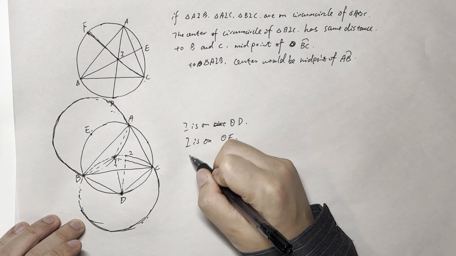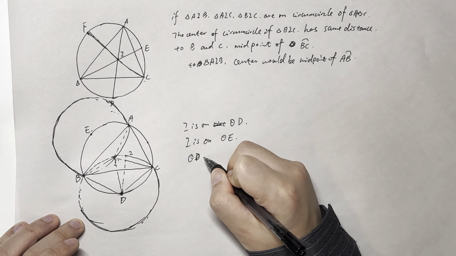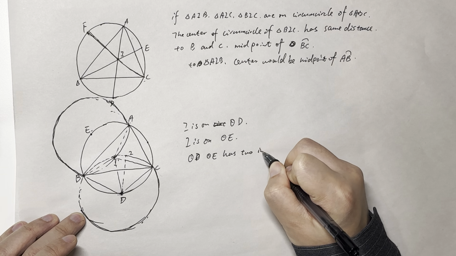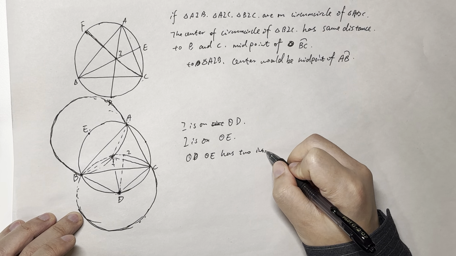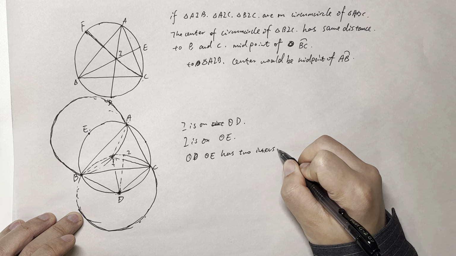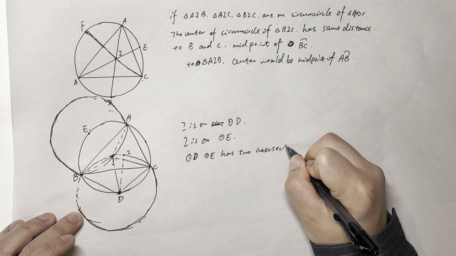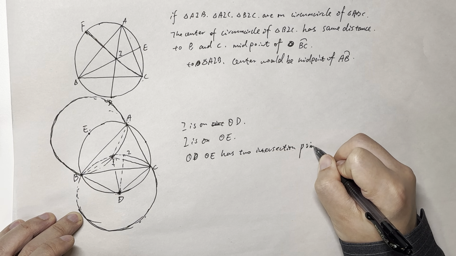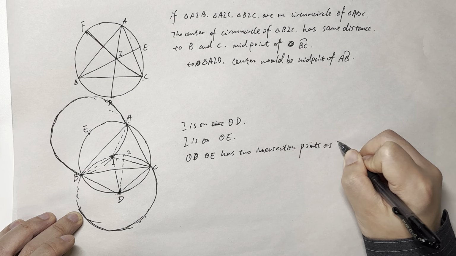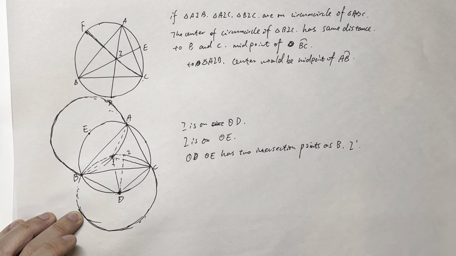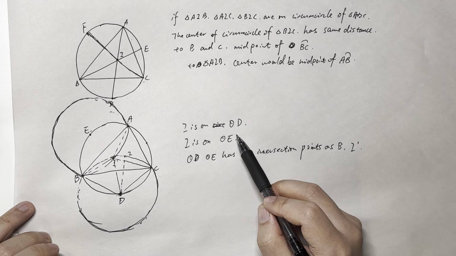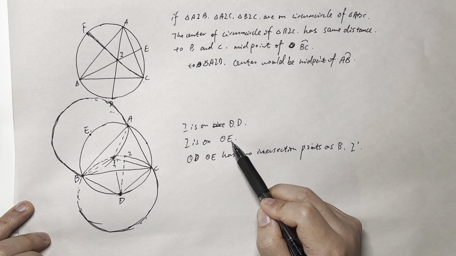But circle D and circle E have two intersection points, B and I prime, which means it's possible that I is on both circle D and circle E, right?